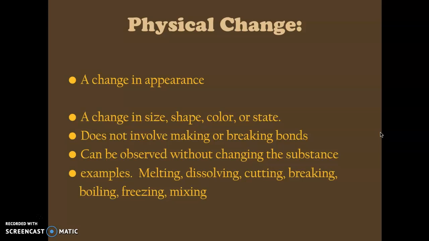Now, here's a definition of a physical change. There it is, the first bullet point. It's a change in appearance. By change of appearance, what's meant by that? Well, there's a change in size, shape, color, state. You don't necessarily get new chemicals.